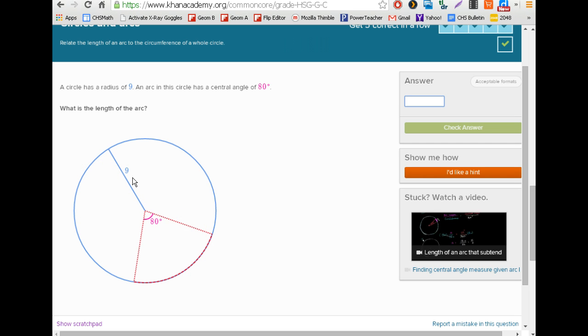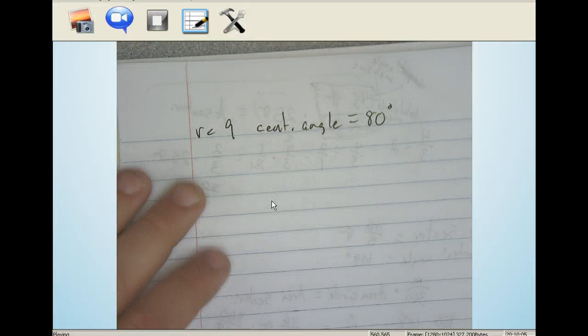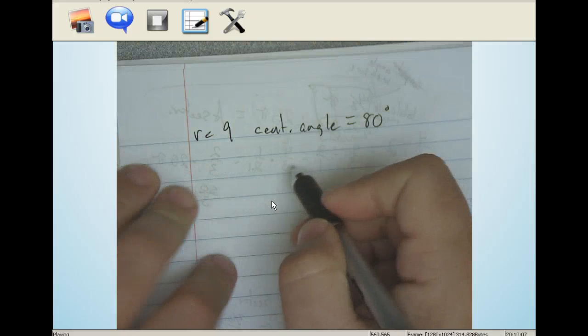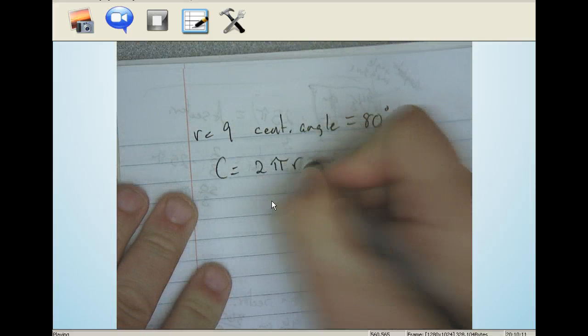Okay, let's work through that one. So the radius equals 9, and the central angle equals 80 degrees, and we're wanting to know the length of this arc. So let's go back to what we know. The circumference is equal to 2 times pi times r.